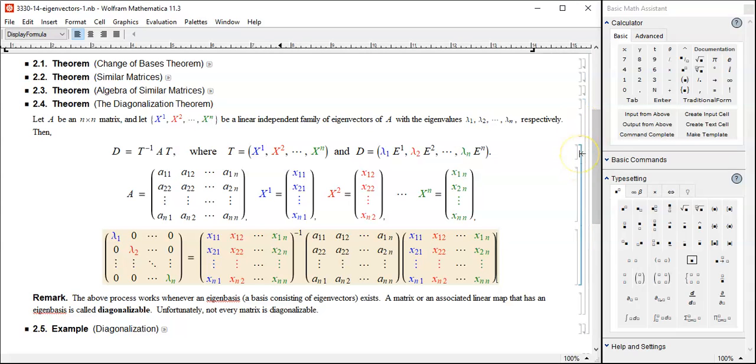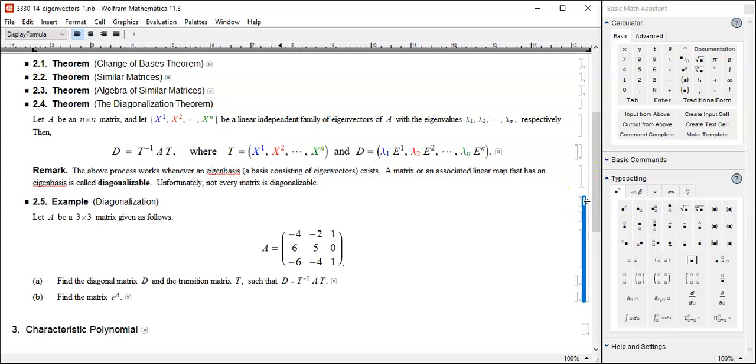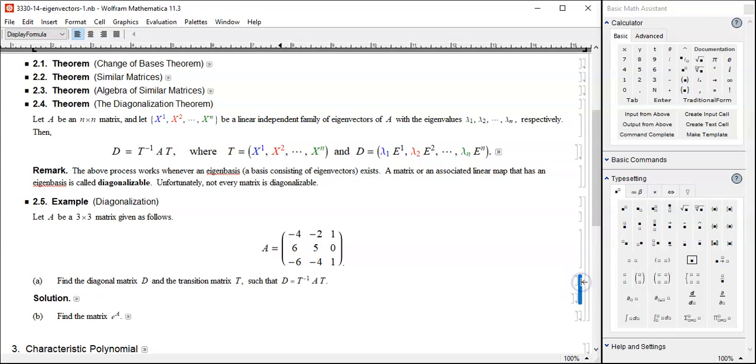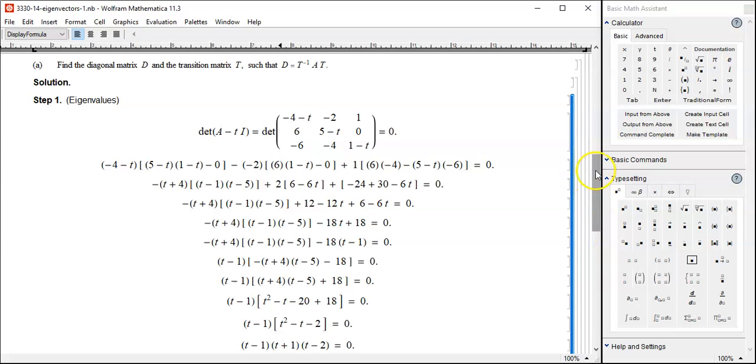Now, if you have that transition matrix and the diagonal matrix, then you can calculate any power. And one such example was right over here. You can find the eigenvalue by characteristic equation.